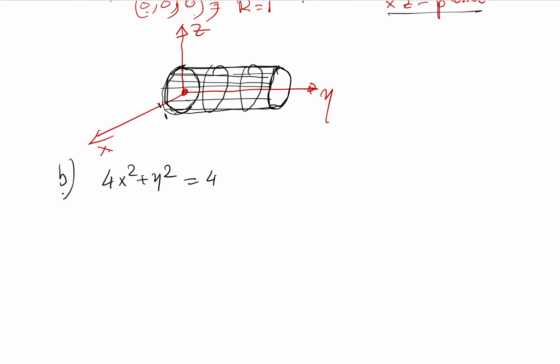Since z is missing, you will have a plane z is equal to c. So it is a plane such that the rulings will be parallel to the z-axis. That's how you can describe geometrically the elliptic cylinder. And you can build the elliptic cylinder, by the way.